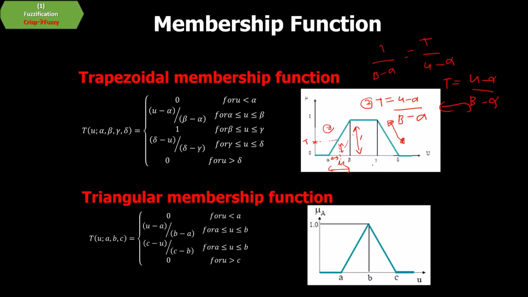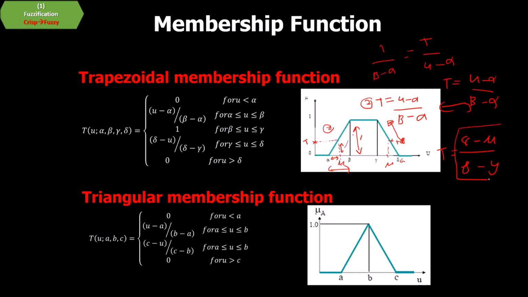Now we move on to the other gradient part. If we put u here, we can calculate the value t. Since you are between gamma and this point, we can say that this part is delta minus u over delta minus gamma, which is equal to t.